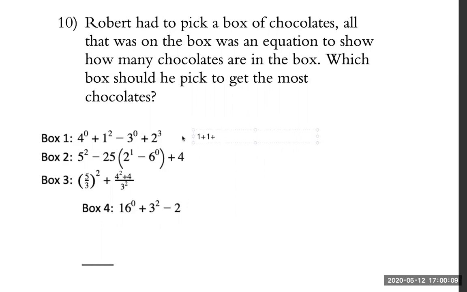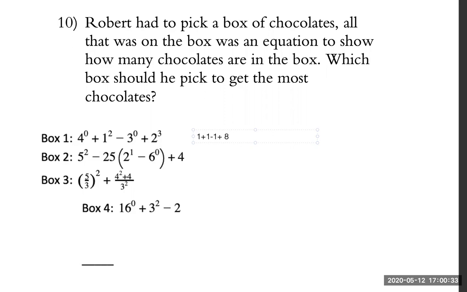All right. And then Tanish, what's 3 to the power of 0? 3 to the power of 0 is 1. Good man. And Aiden, what's 2 to the power of 3? 2 to the power of 3 is 8.